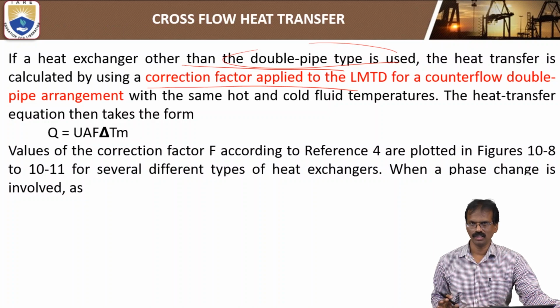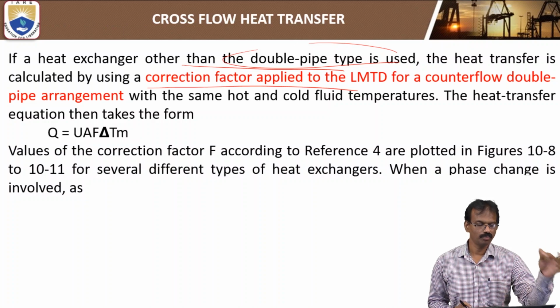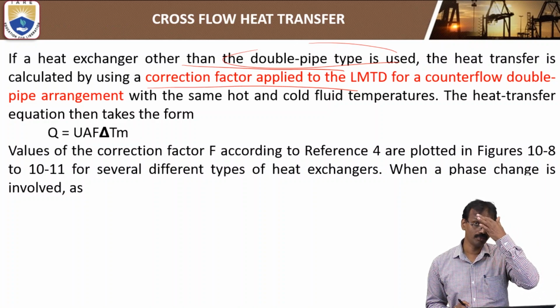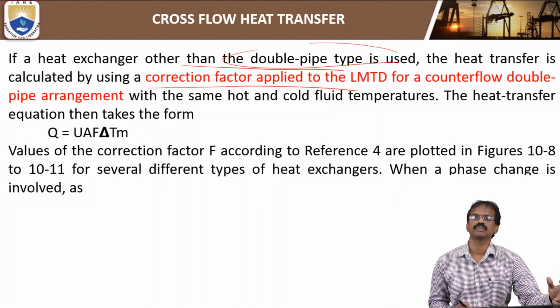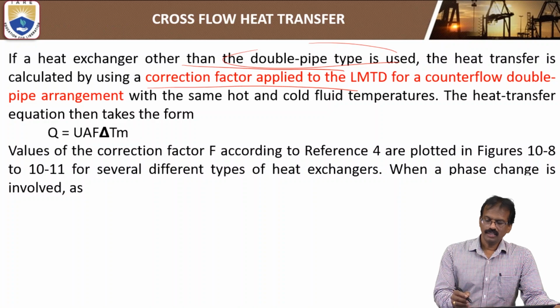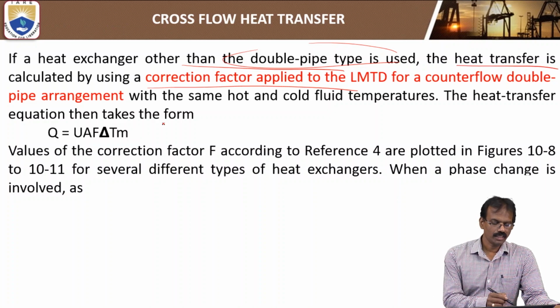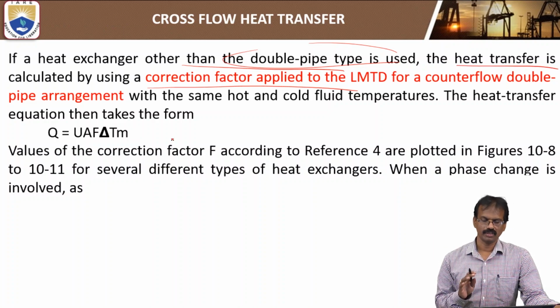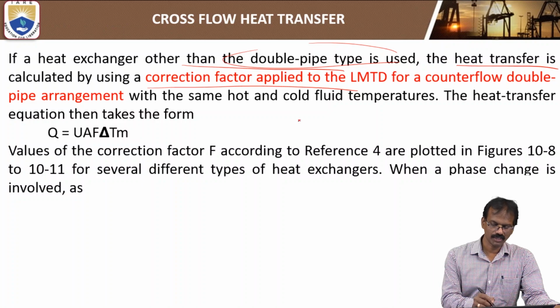So in this shell and tube type, we will see the cross flow of fluids, hot and cold fluid. The heat transfer is calculated by using the correction factor. So this one is very important. That is represented by F.